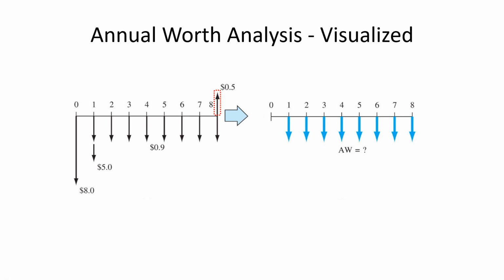But the salvage value that's in year 8, you'd need to find A given F to spread out the single lump sum over the annual series. Likewise, this single lump sum in year 1, what would be the strategy we would have to apply to find the annual equivalent of this amount, which is in year 1?